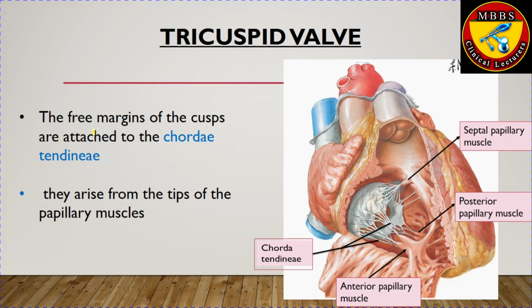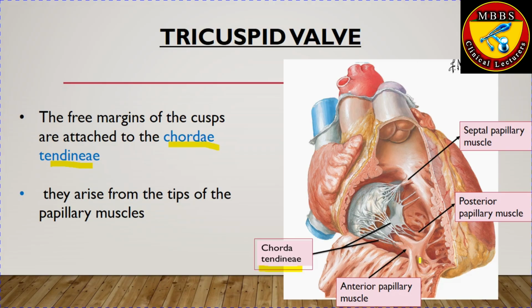The cusps of the tricuspid valve are attached to the chorda tendineae. Now you should remember what chorda tendineae are. Chorda tendineae are the fibrous tendinous cords which arise from the tip of the papillary muscles.